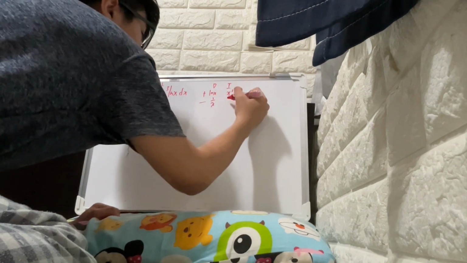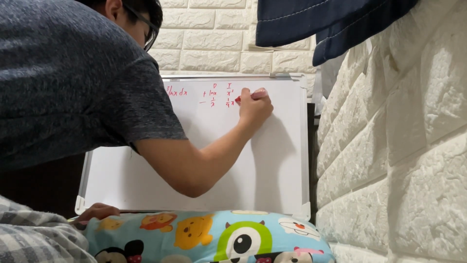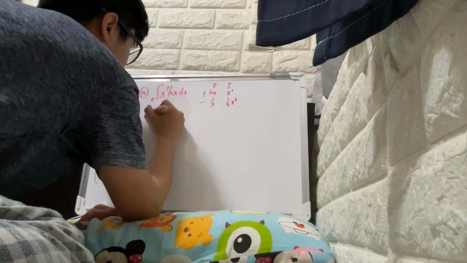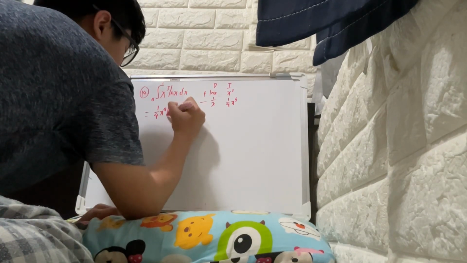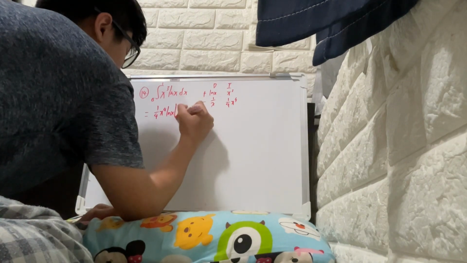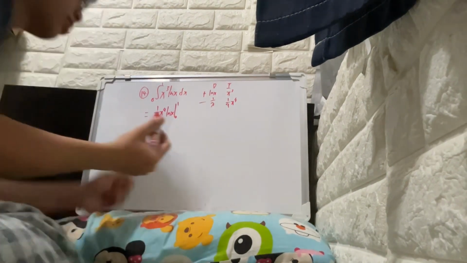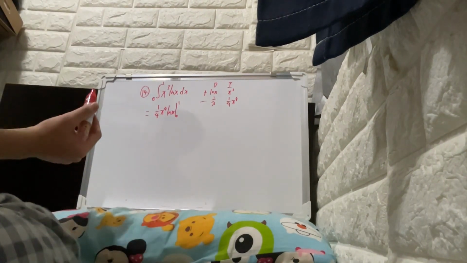To integrate x cubed, you get 1/4 x to the power 4. So it becomes 1/4 x to the power 4 times ln x, and don't forget to put the lower limit and upper limit inside it.